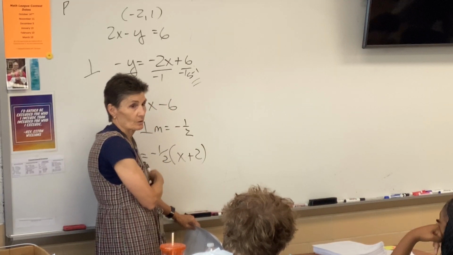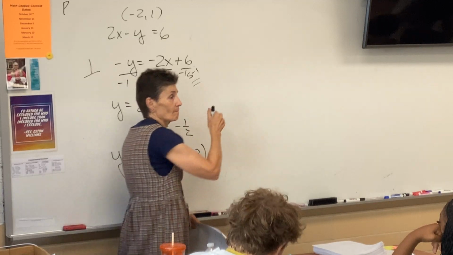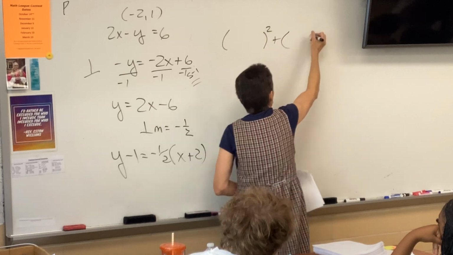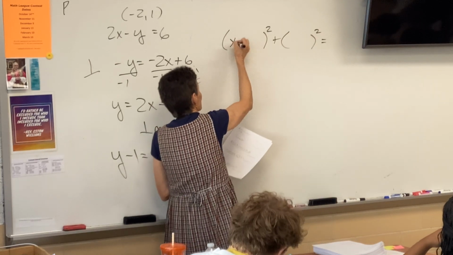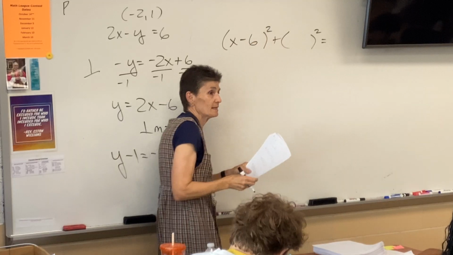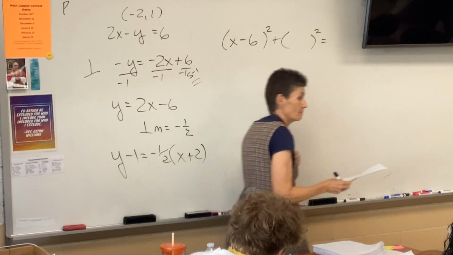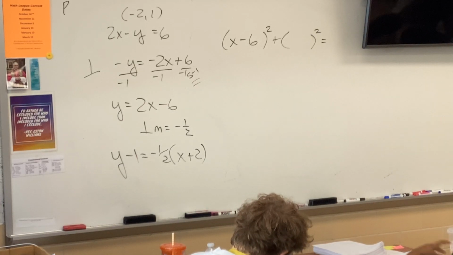What do circles look like? So x minus 6, take a look at the given information. What is my center? 6, negative 2, right? So I have x minus 6.